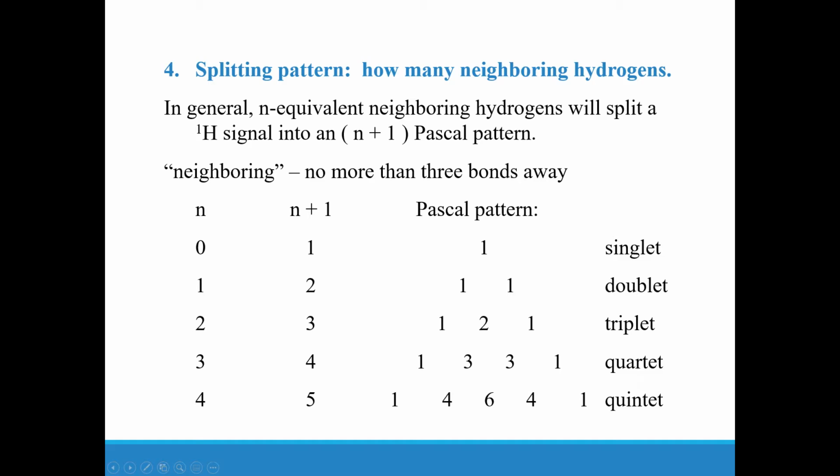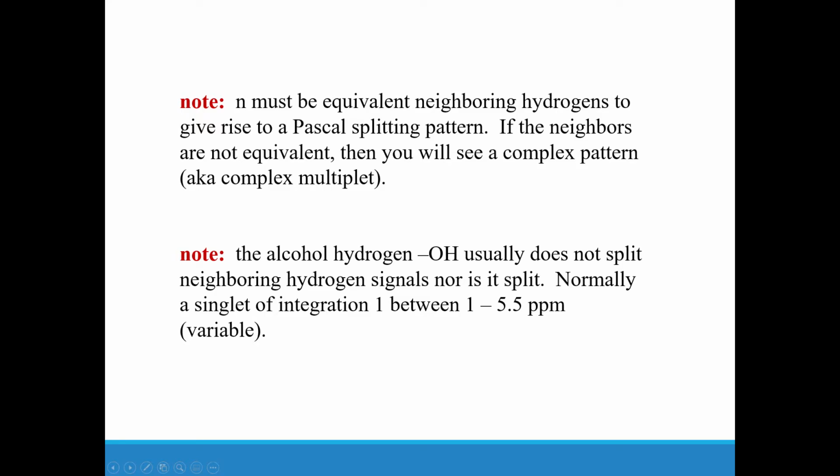If there is 1 neighboring hydrogen, then it is a doublet. Then 2 neighboring hydrogens, triplet, 3 neighboring hydrogens, quartet, and then quintet. Just remember that n must be equivalent neighboring hydrogens to give rise to a Pascal splitting number. If the neighbors are not equivalent, then you will see a complex pattern. So this is a complex multiplet.